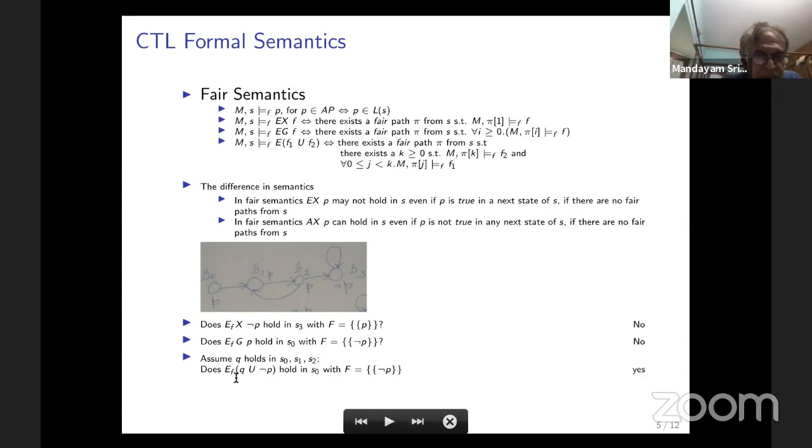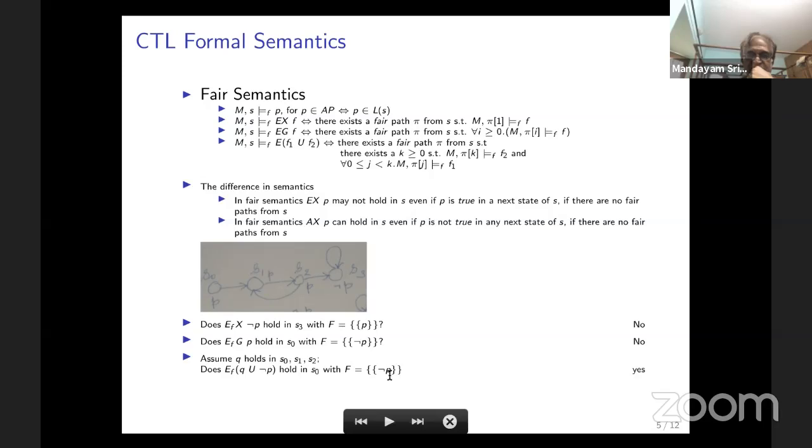So look at this, EF of Q until not P. Let's assume that Q holds, although I haven't labeled it in this figure, in S0, S1, and S2. The question was, does Q until not P hold in S0 under the fairness assumption not P?